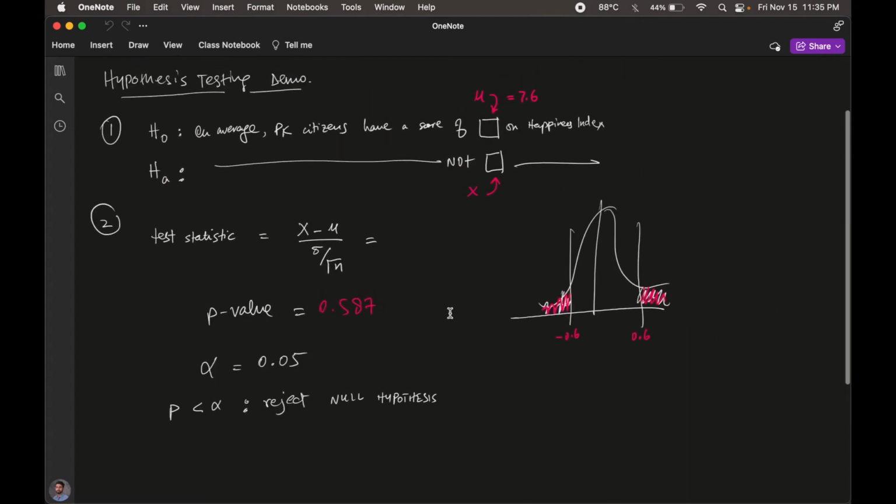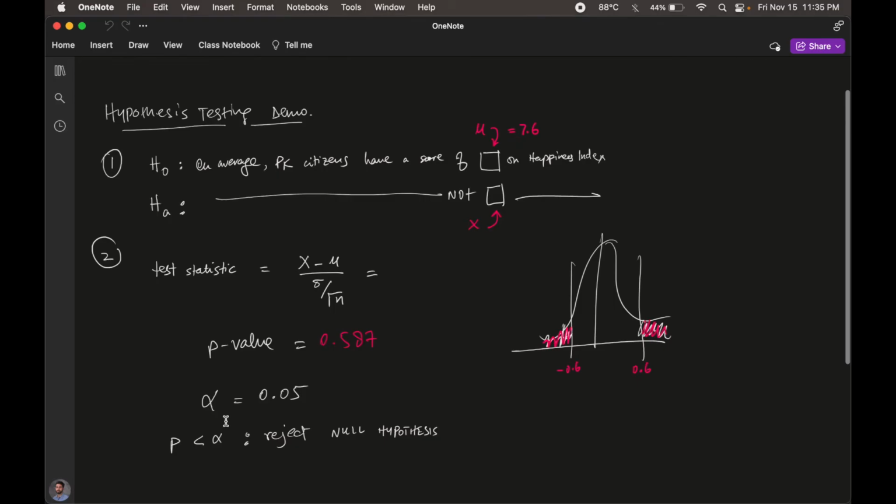We could right away make the conclusion: p-value is not less than alpha. It's actually greater than alpha of 0.05. So we cannot reject the null hypothesis.